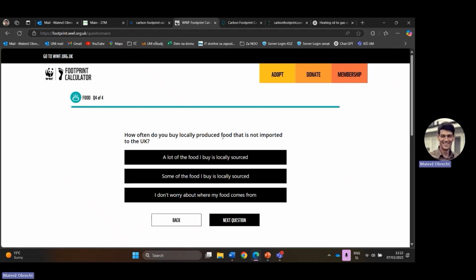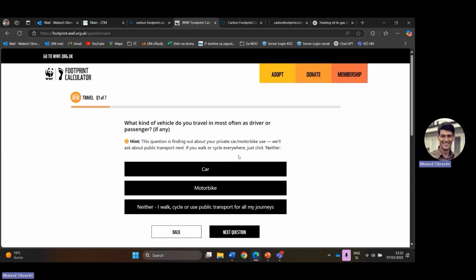It also depends whether you buy food which is locally produced or food which is imported, and you like to eat strawberries in the middle of winter, and of course then this makes a much bigger impact. For me personally, a lot of the food I buy is locally sourced. If you don't worry where the food comes from, you just choose a different answer.